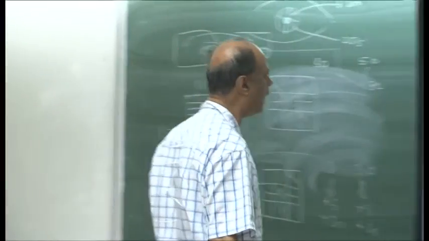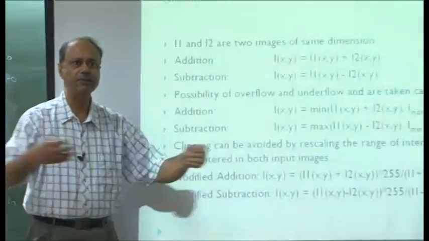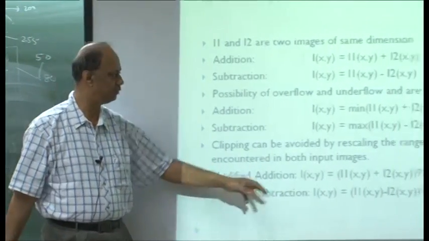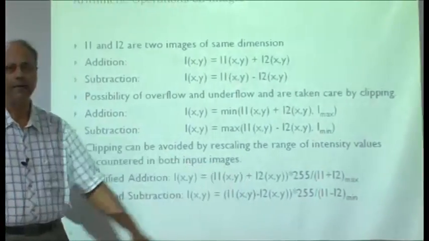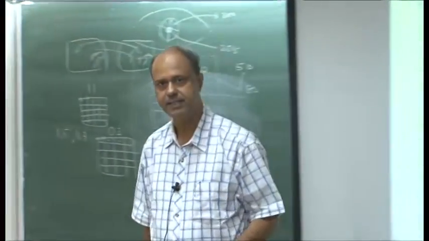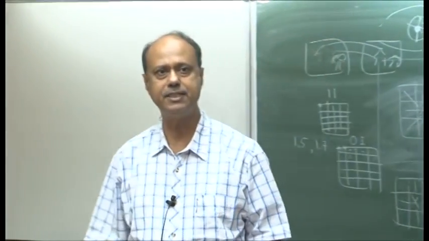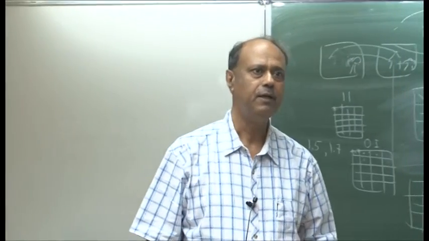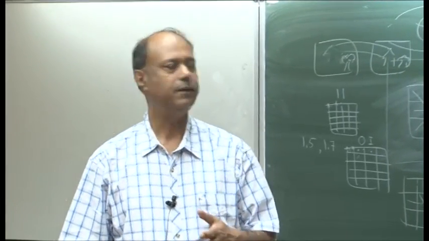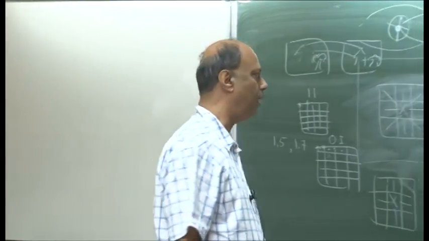So, in order to cover the whole range of intensity levels, what we did is multiply the sum by the range I want, 255 minus 0. 255 is the maximum intensity value I want and 0 is the minimum intensity value I want.